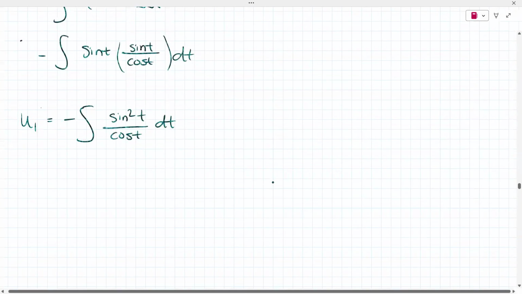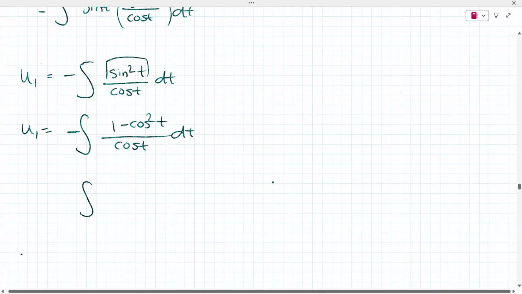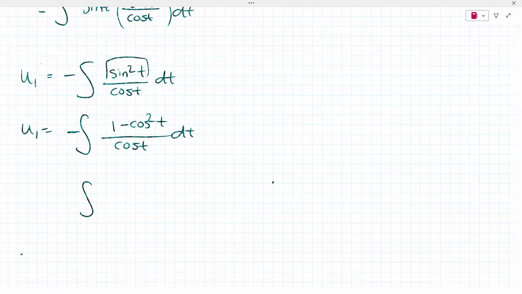So you can simplify this even more. Sine squared t is one of your Pythagorean identities, so it simplifies to 1 minus cosine squared t, all over cosine of t. And then you still have this minus. You're dividing each term by cosine of t, so you can break it into two integrals: 1 over cosine of t minus cosine squared t over cosine t, which is cosine of t, dt.